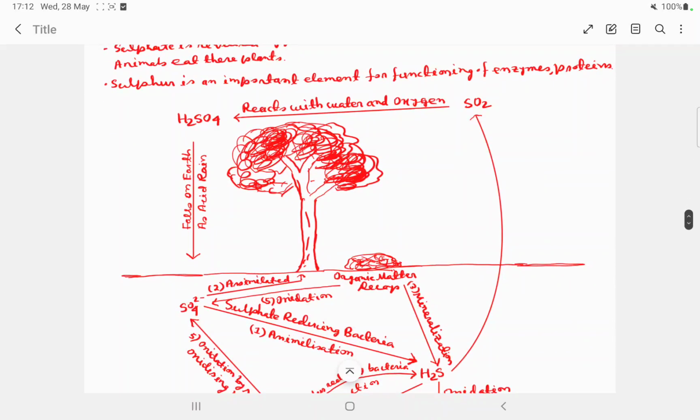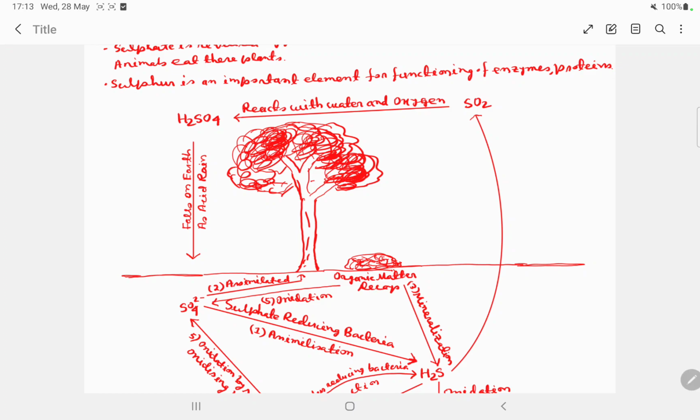So this is the sulfur cycle. Now this atmospheric sulfur dioxide is obtained generally from industrial processes such as coal mines and factory exhausts, then natural processes like volcanic eruption and decaying organisms, like decaying organic matter.